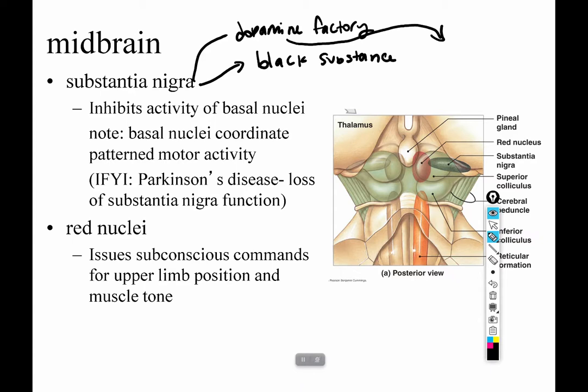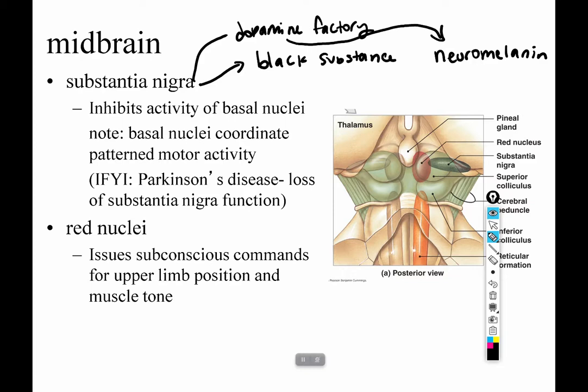So on the way to producing dopamine, there is this substance created that actually is black, and it's called neuromelanin. So that is why you're seeing this intermediary of the dopamine synthesis process, which happens to be pigmented black.